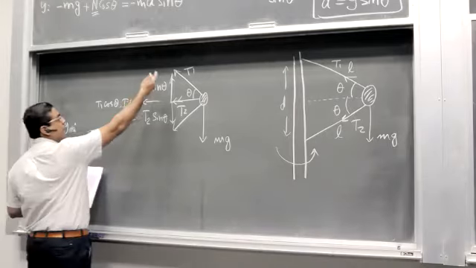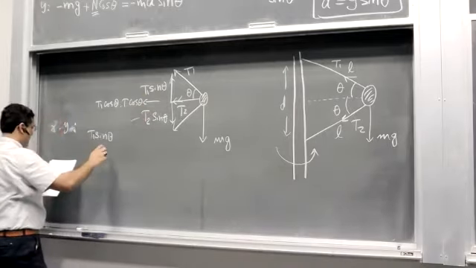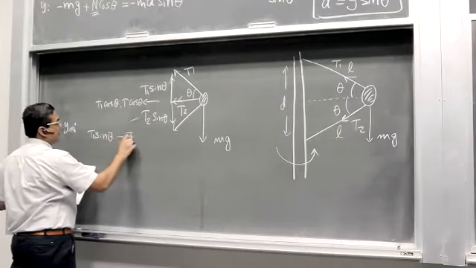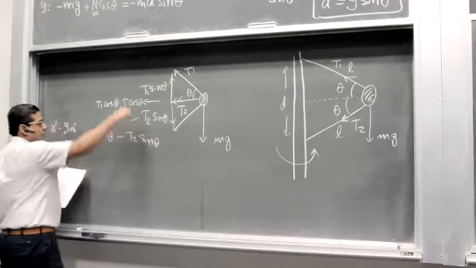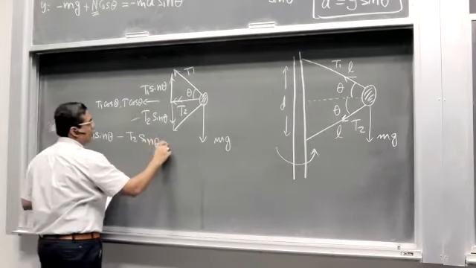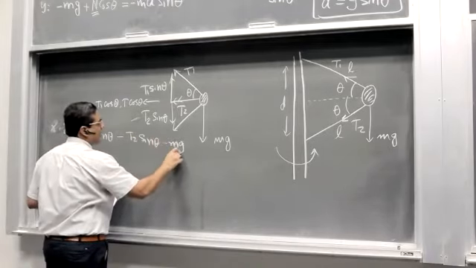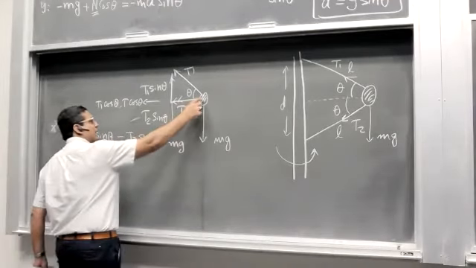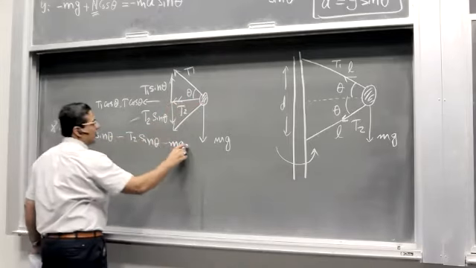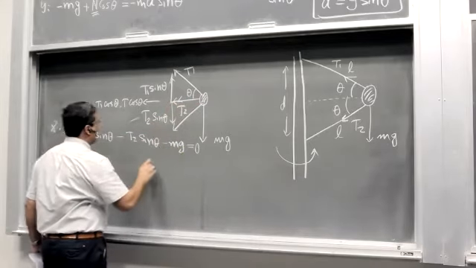T1 sine theta upwards, minus T2 sine theta downwards, and the weight mg, and we are assuming that this object stays there, does not fall down, so the acceleration is 0 in the y direction.